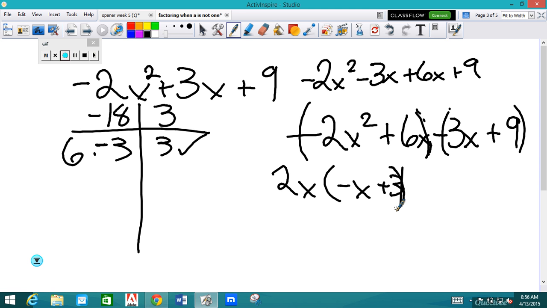And then the second part, I'm going to say, okay, negative 3x plus 9. I would like it to look like this one. So what could I factor out where this is what's in the inside?